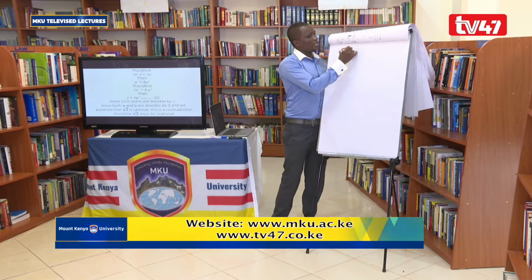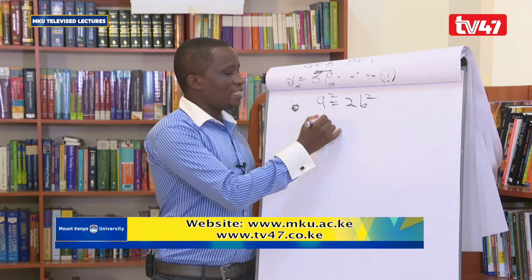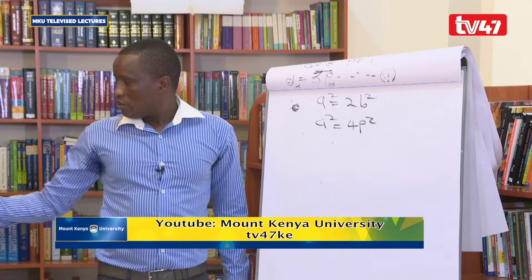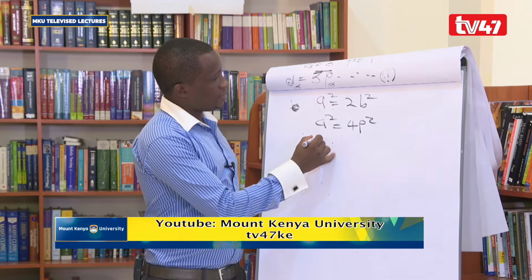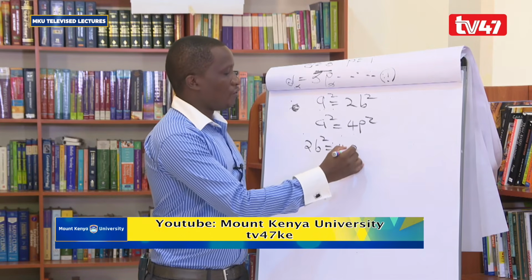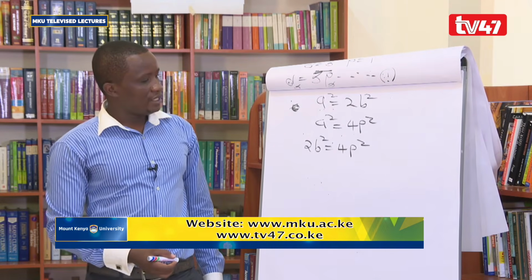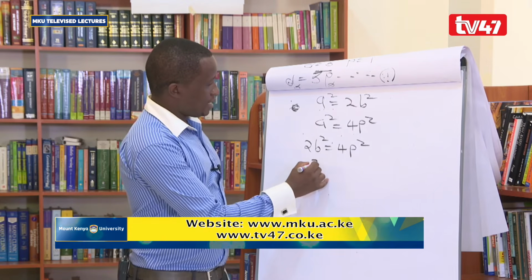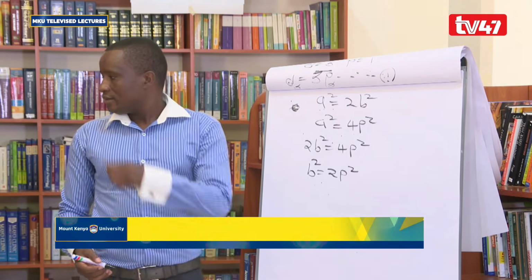Because we had a squared equal to 2b squared, and we've had that a squared can also be written as 4p squared, this means that 2b squared is equal to 4p squared. So that we have b squared is equal to 2p squared.